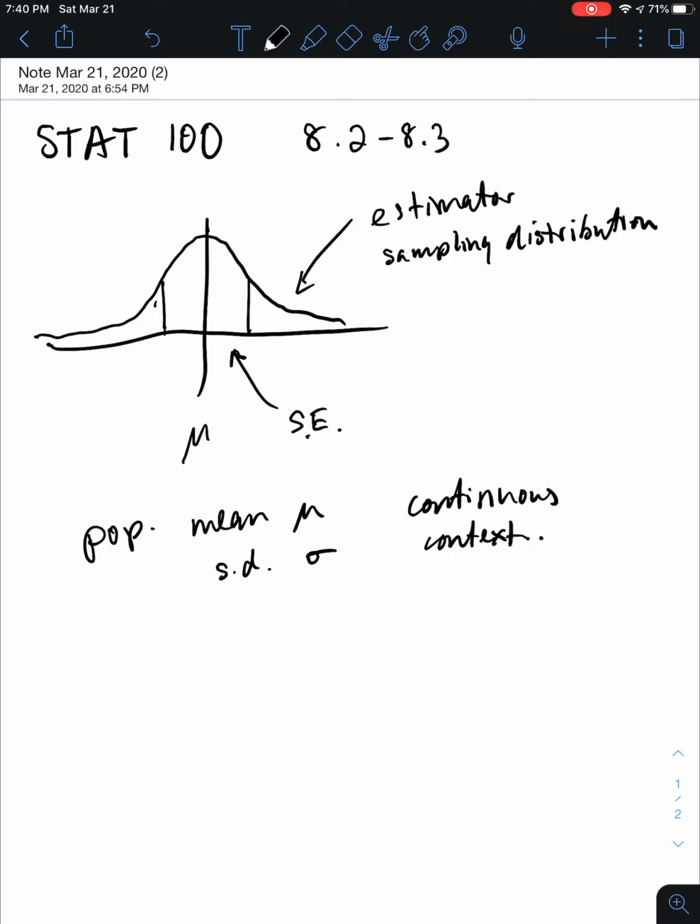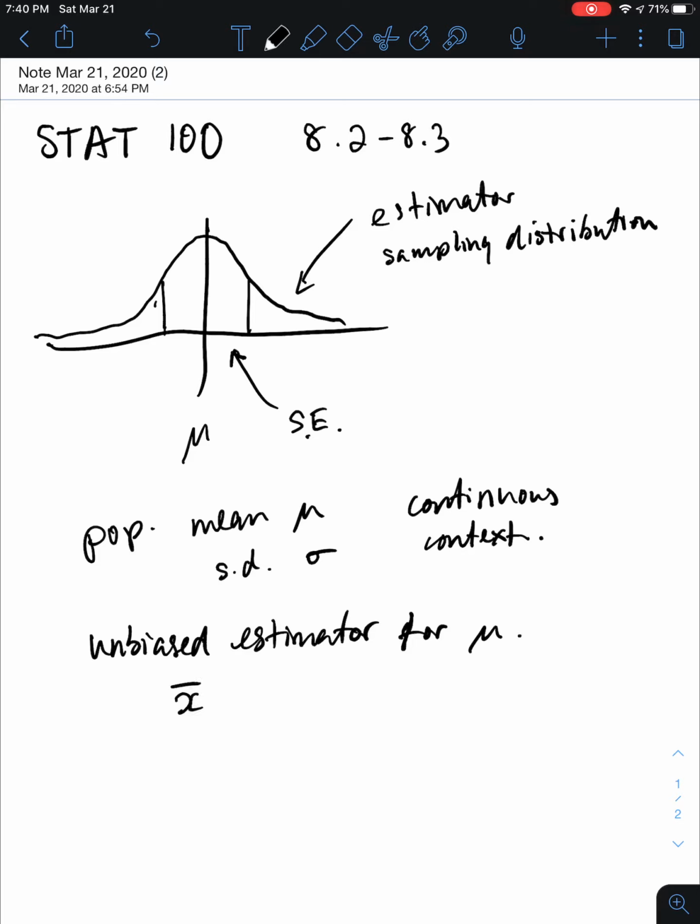Okay, so we want an unbiased estimator for mu.